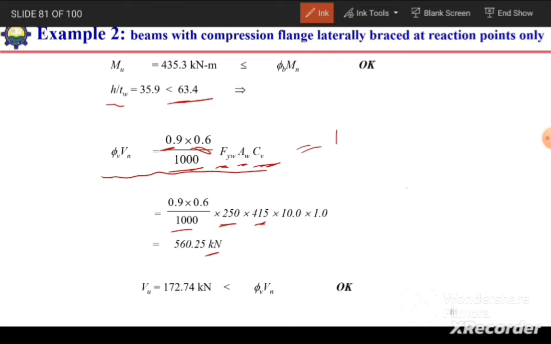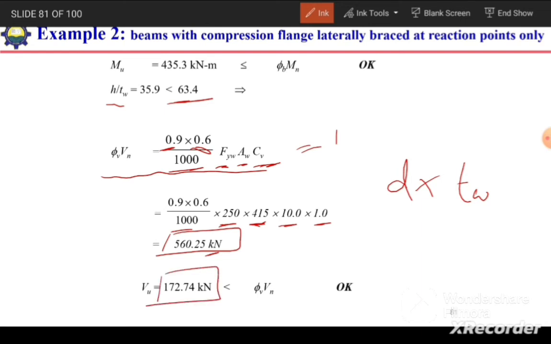The area of web is equal to d into tw, so total depth of the section, which is 415, and thickness of the web is 10 millimeter, and Cv is 1. So φVn comes out to be 560.25 kilonewton, and the applied shear is 172.74 kilonewton. So the design capacity of the section is significantly higher than the applied shear value. So it means our section is adequate to resist the applied shear.